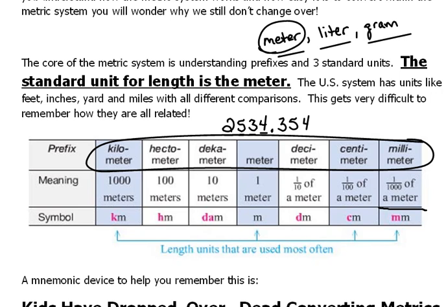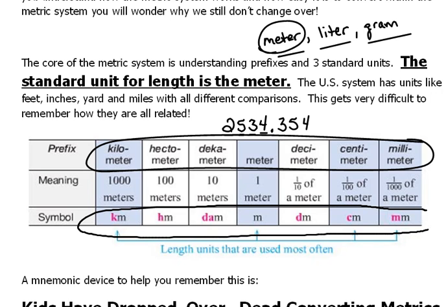Now we have abbreviations for those. We use K for kilo, H for hecto, DA for deca, D for deci, C for centi, and M for milli. And then we just attach the standard or original unit behind it to say kilometer, hectometer, decameter, and so on and so forth.